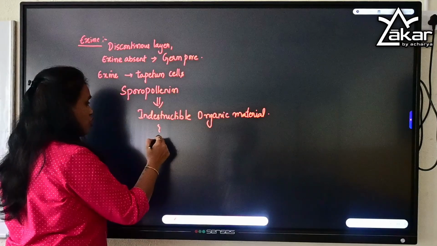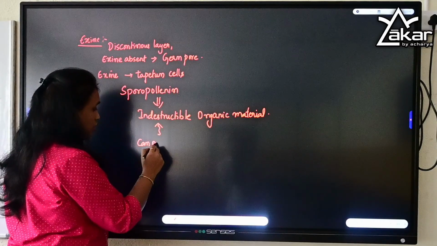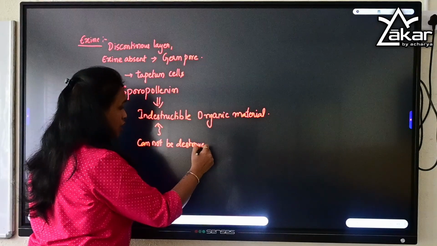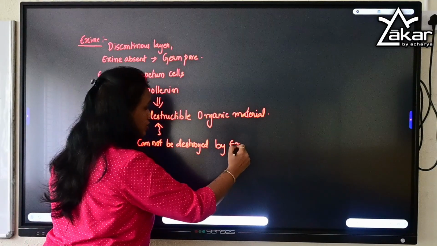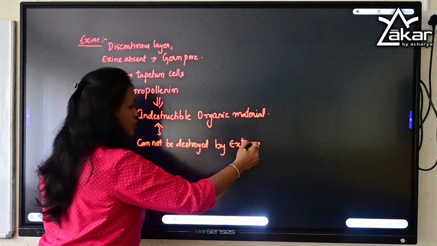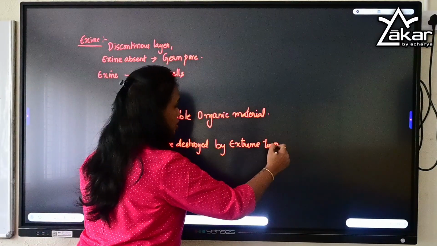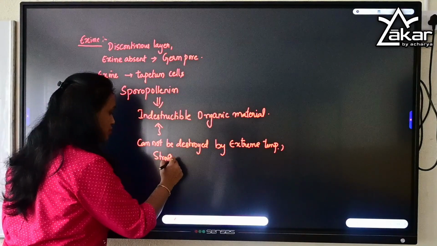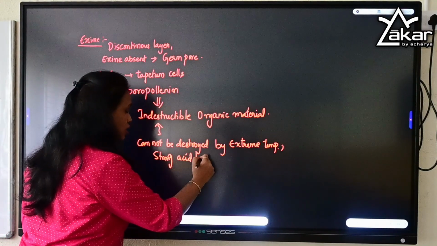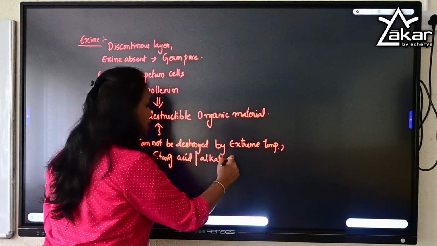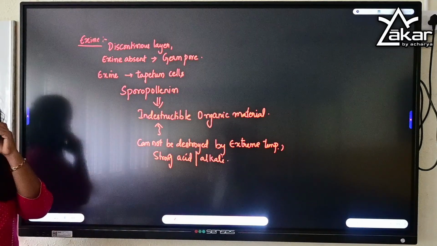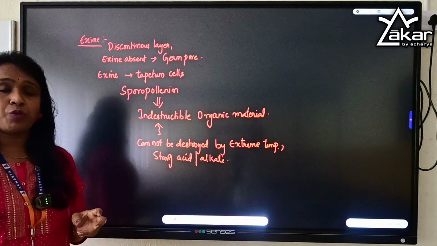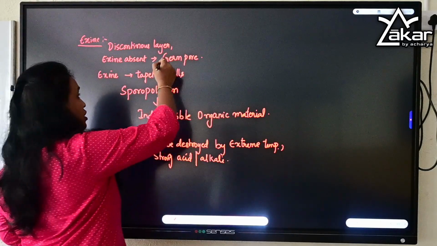It cannot be destroyed by high temperature, strong acid or strong alkali. Nothing can break the sporopollenin. But how can they easily form the pollen tube on the stigma? It is because of the germ pore.